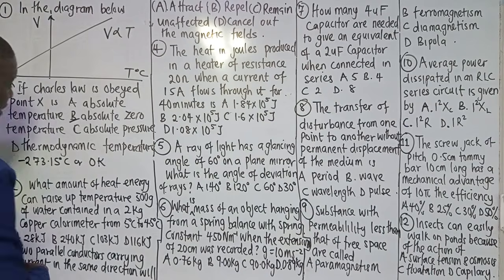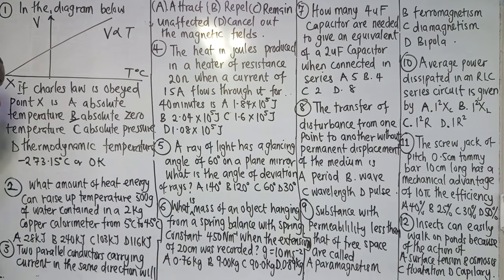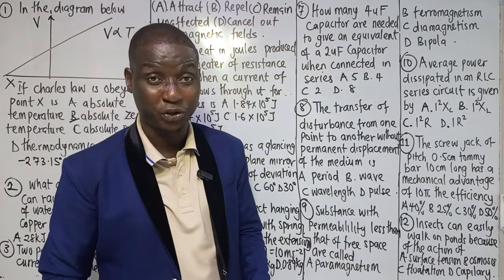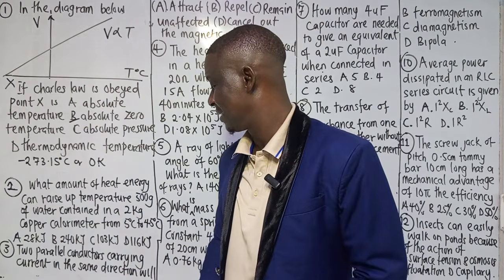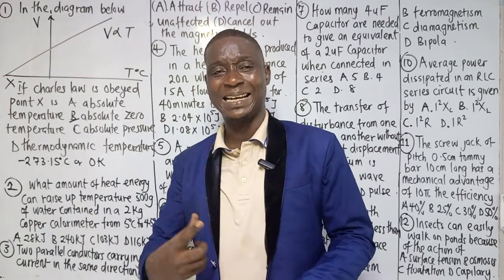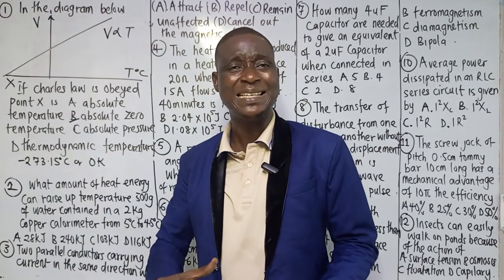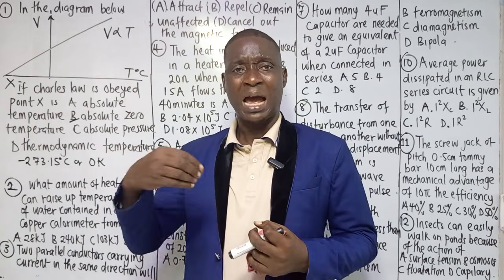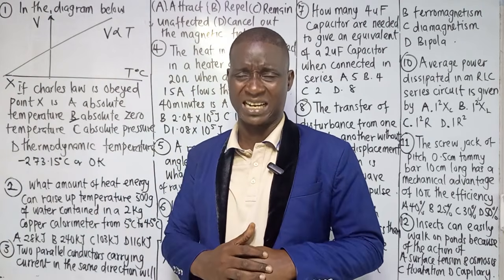Number 2 says, what amount of heat energy can raise the temperature of 500 grams of water contained in a 2 kilogram copper calorimeter from 5 degrees Celsius to 45 degrees Celsius. Now we assume that heat is supplied to a container having water of 500 grams.